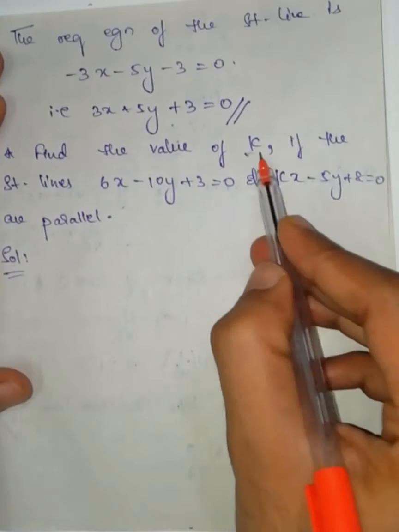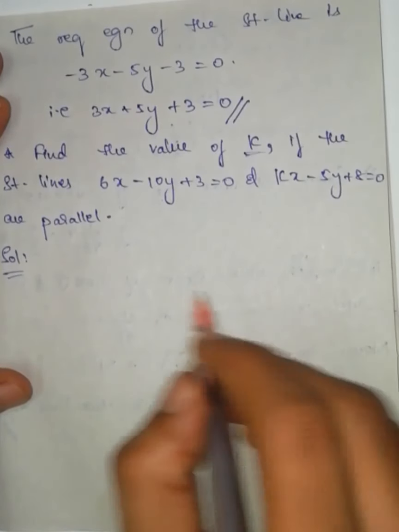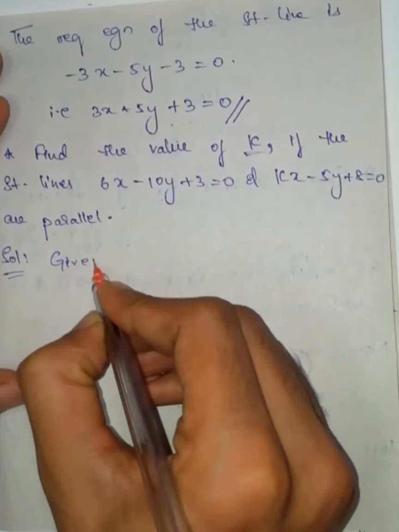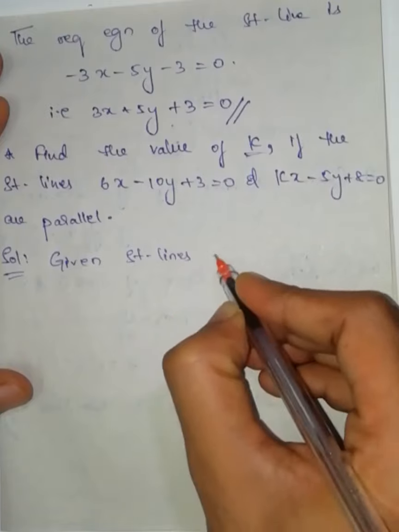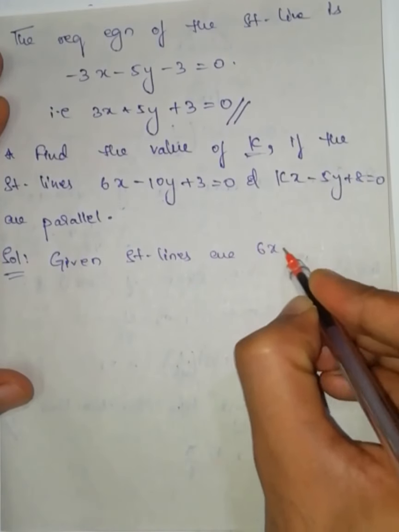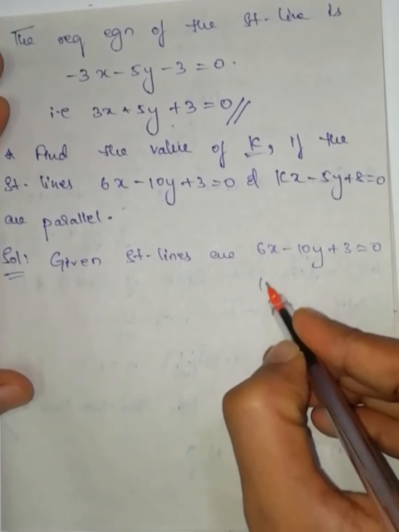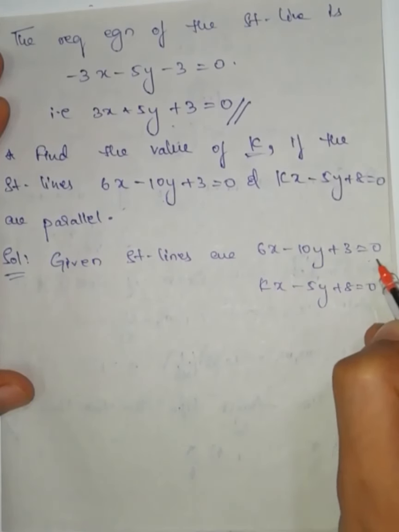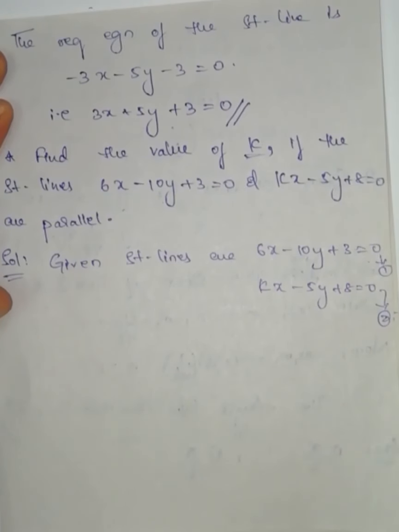We have to find the value of k if the two lines are parallel to each other. Given straight lines are 6x - 10y + 3 = 0, kx - 5y + 8 = 0. Let us take this one as equation number 1, this one as equation number 2.